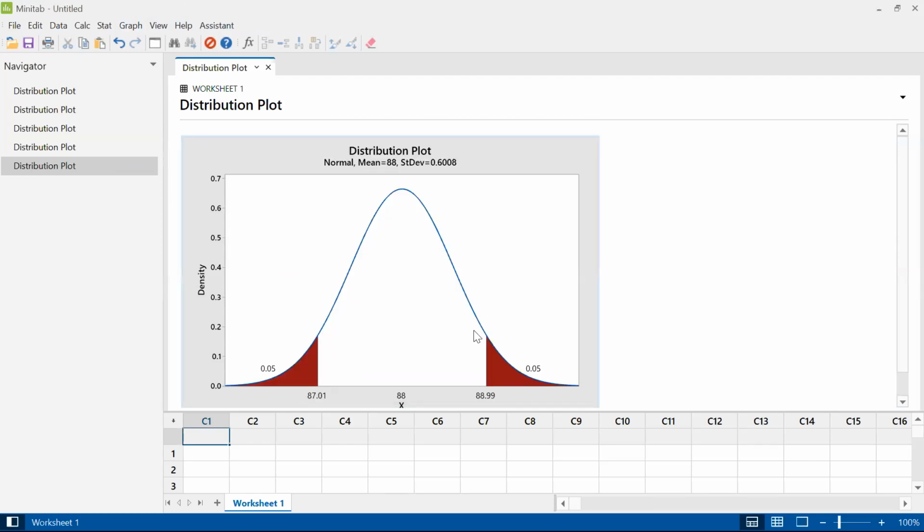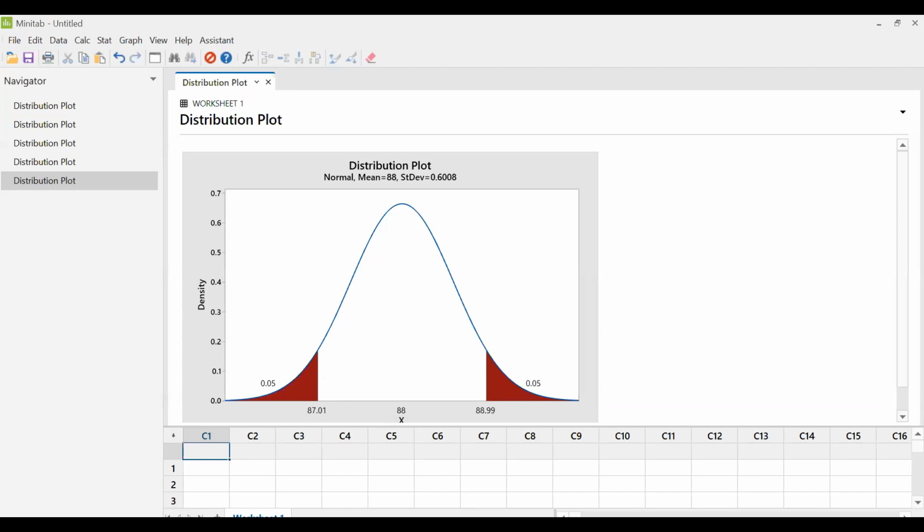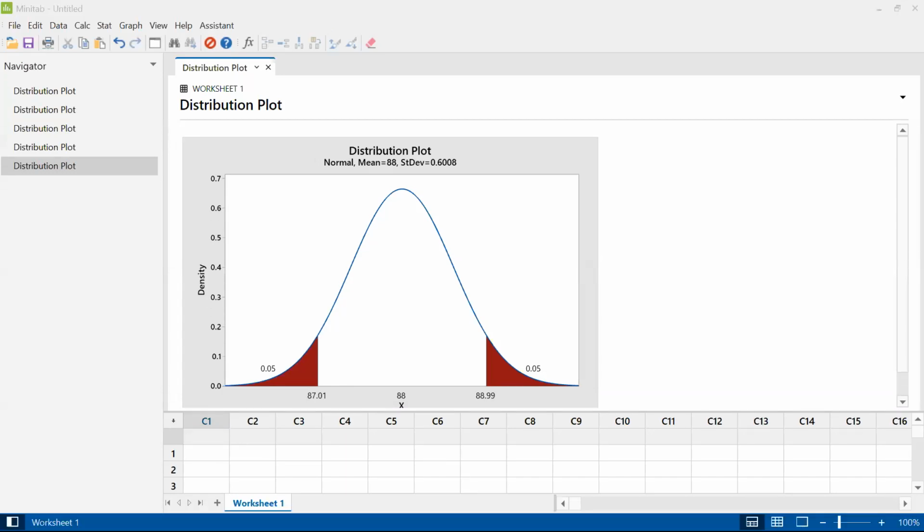So we have a 90% chance that our average is going to land basically between 87 and 89. So the 90% interval is from 87.01 up to 88.99.